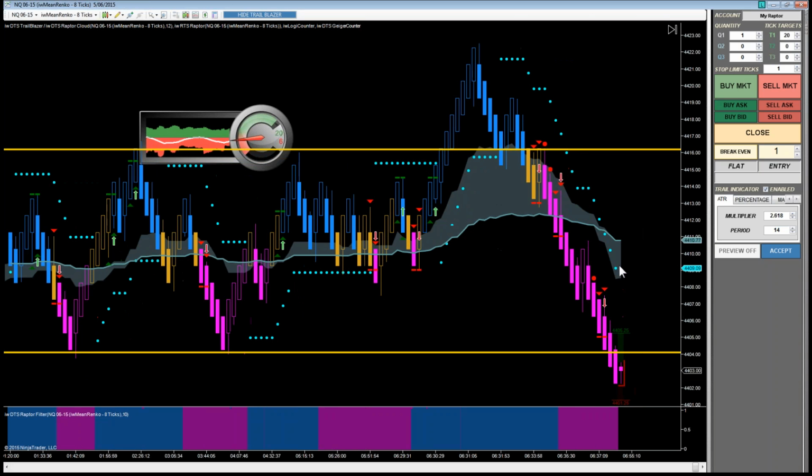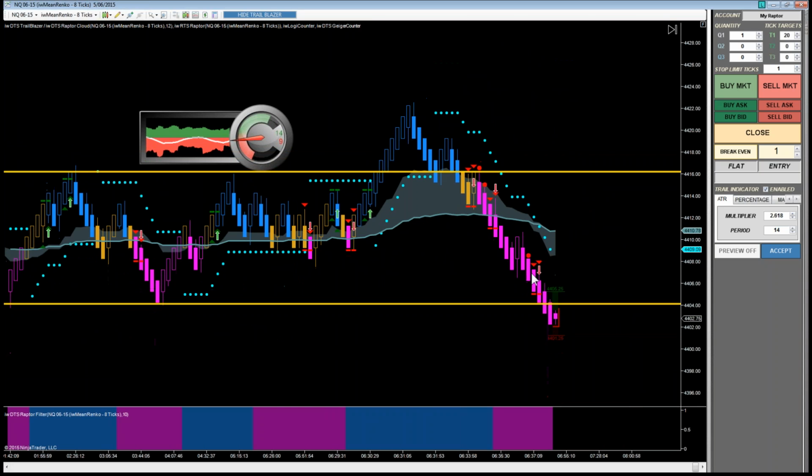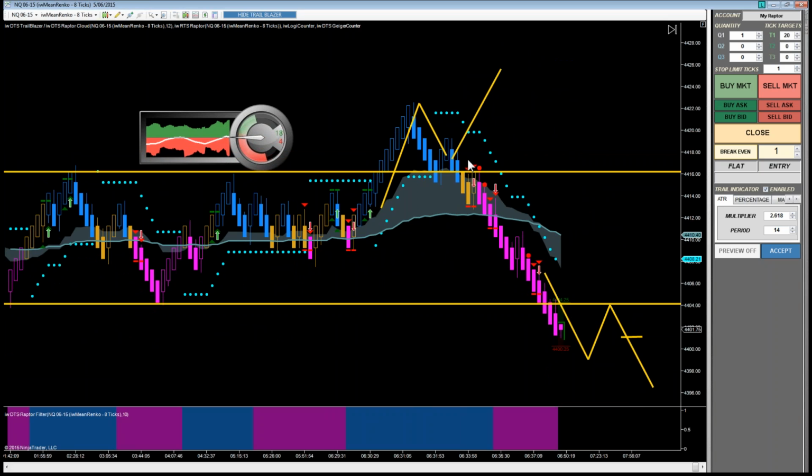Now that we're outside of the trading range, I'm going to look for a retest. The markets always tend to do this type of thing. When they break a support or resistance area, they're going to come back, they're going to retest it. Somewhere through here, we're going to generate a sell signal. You see, they tried to do it to the upside, but the signal didn't hold, right?